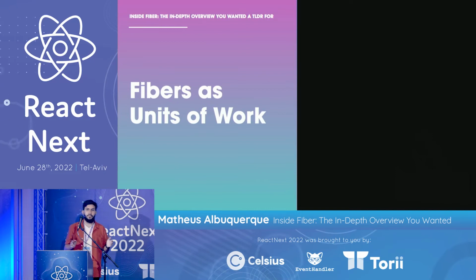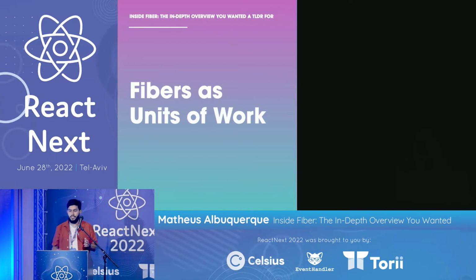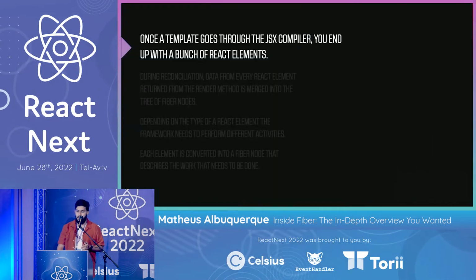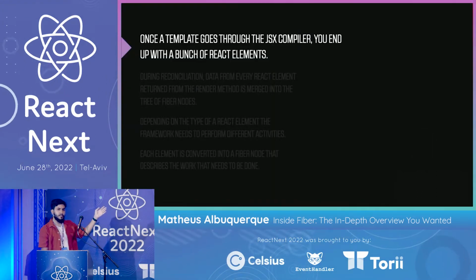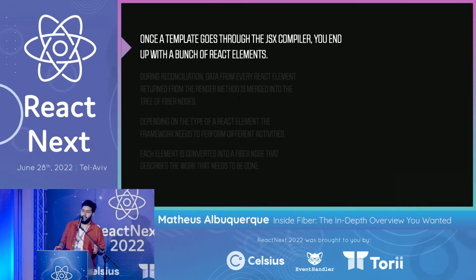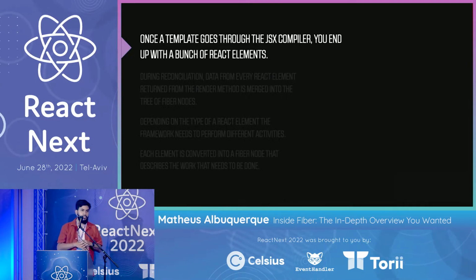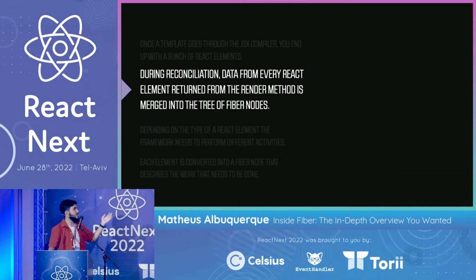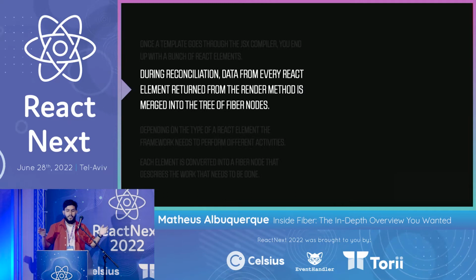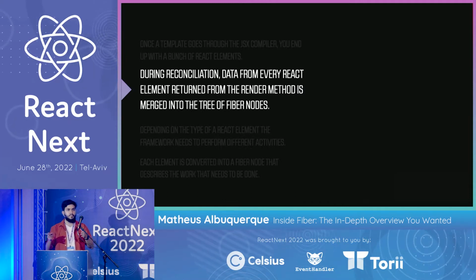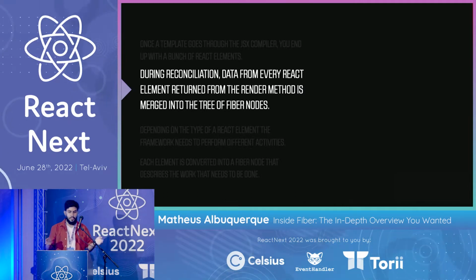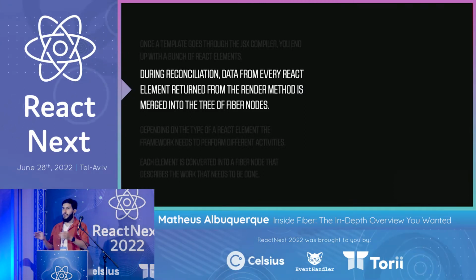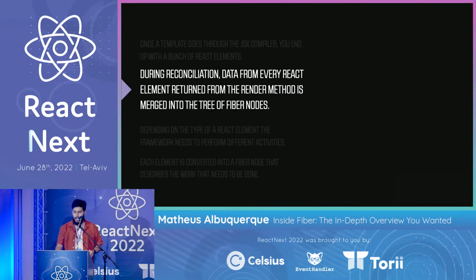Now we can start abstracting those as units of work. So let's think a bit about what happens in our components. First, once the template goes through the JSX compiler, we end up with a bunch of elements. We know that. During reconciliation, the data from all of those elements returned from our components is merged into a tree of different fiber nodes that are going to represent them.